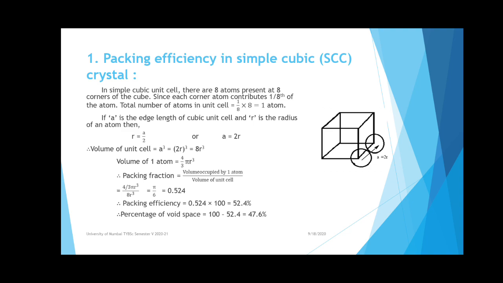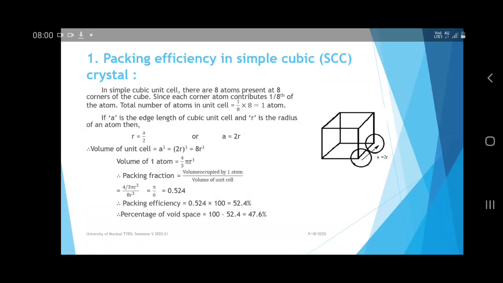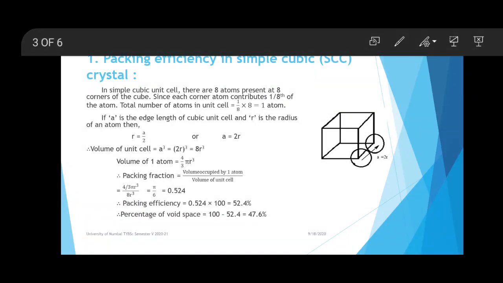You can see in the diagram also: in a cube there are 8 corners. This is one corner, this is another, 3, 4, 5, 6, 7, 8. So in a simple cubic crystal there are 8 constituent particles present at the 8 corners of the cube, and at every corner only 1/8 portion is occupied by that atom.